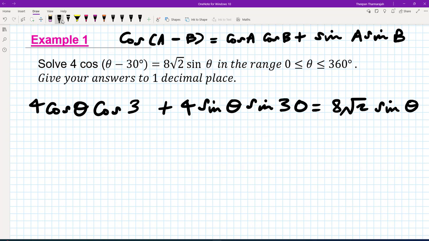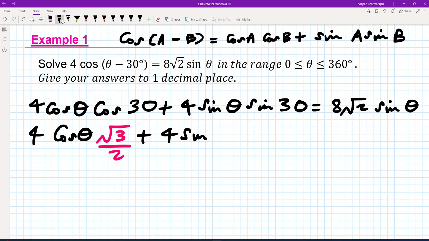So it's 30 degrees. So now we can use some exact values. So cos theta will stay the same, but cos 30 we know is root 3 over 2. Then we have plus 4 sine theta, and we know that sine 30 is a half. Now all of that is equal to 8 root 2 sine theta.